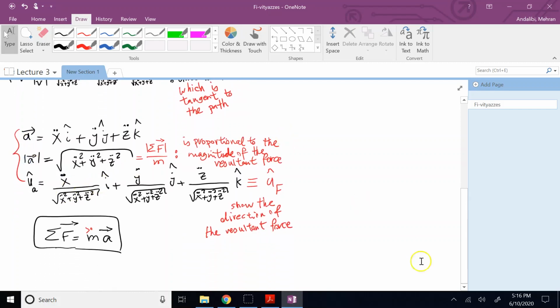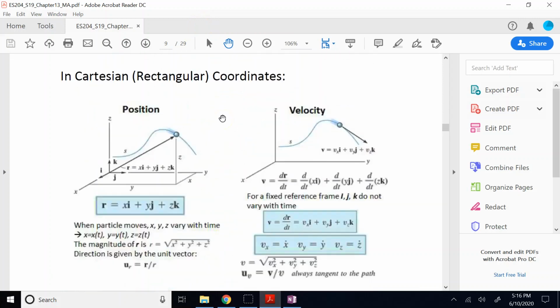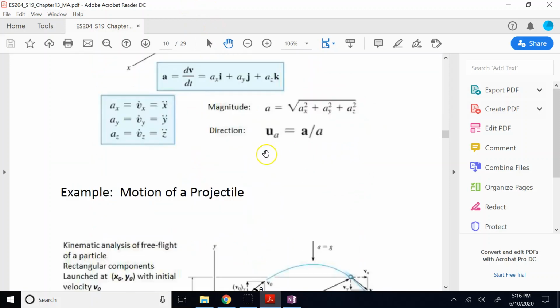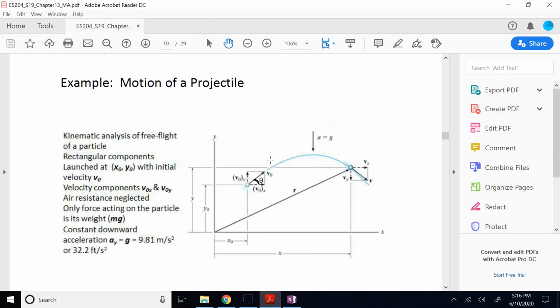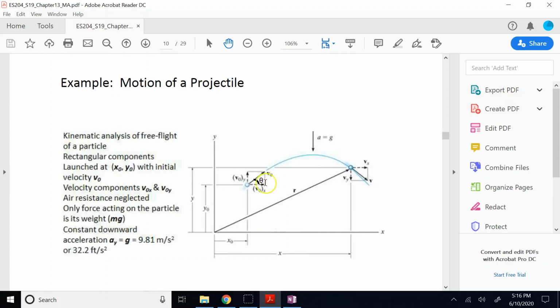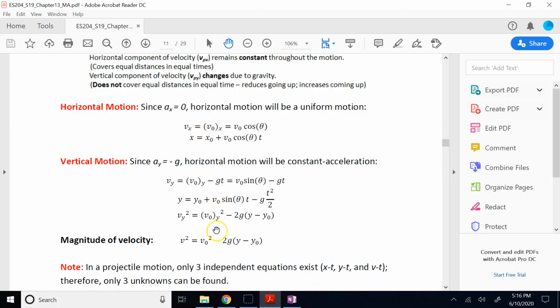Okay, so now that we learned all of it for rectangular coordinates based on these dots, now let's look at the specific cases, and the specific case that we're going to look at is projectile motion. So projectile motion, under some assumptions, can be basically easily calculated, we can provide very nice looking formulas like these on this page.